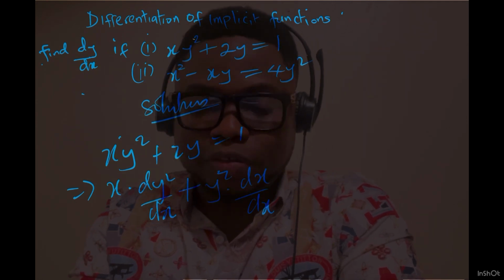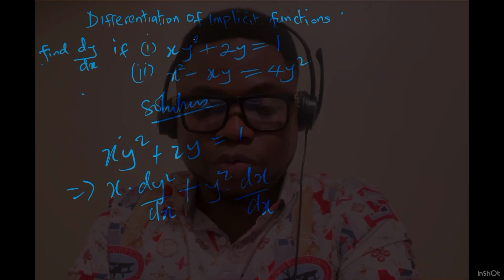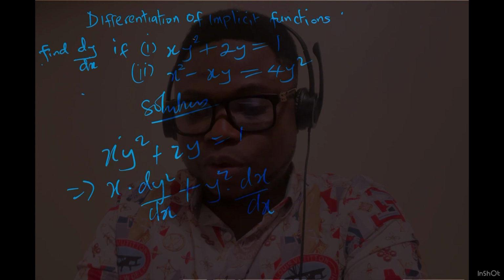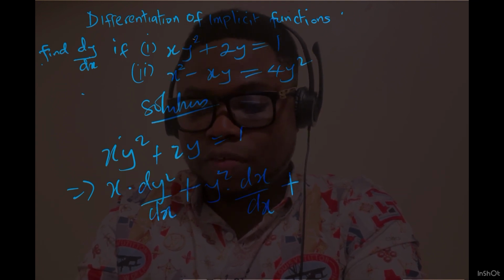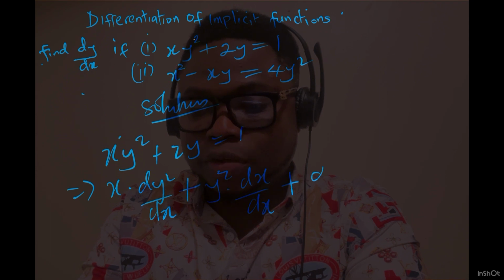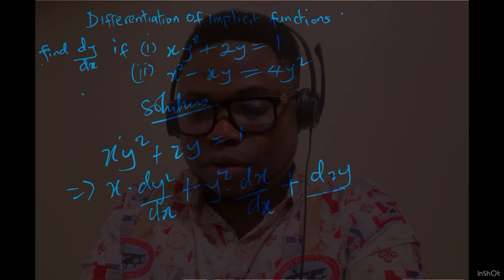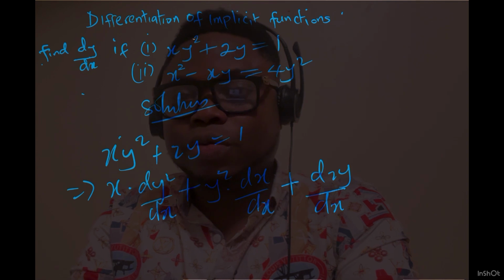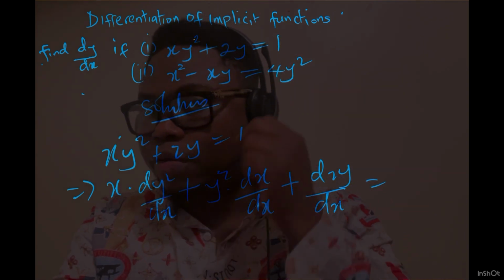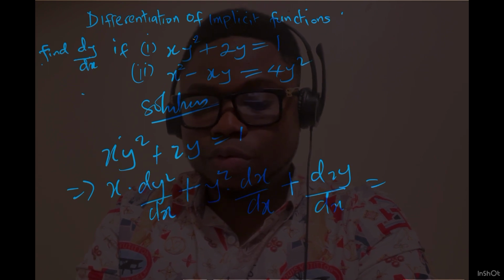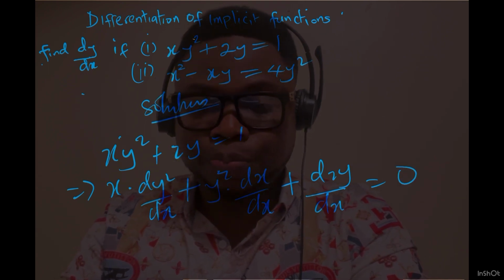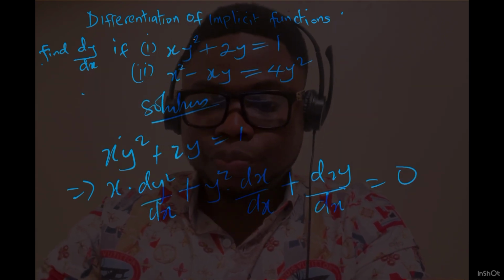Because this is implicit function, you remember we have two variables, x and y. So plus, I'm going to differentiate 2y, that is d(2y) over dx, then is equal to, I'm going to differentiate constants. Remember, if you're differentiating a constant, it is always 0. So 1 is a constant here, so its derivative is 0.